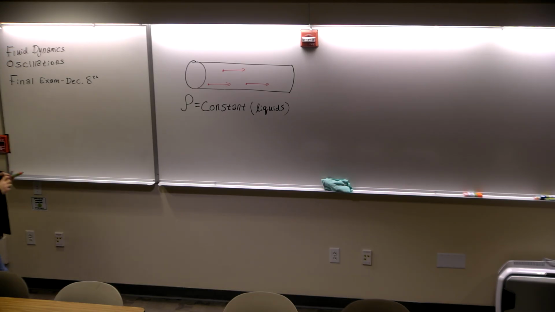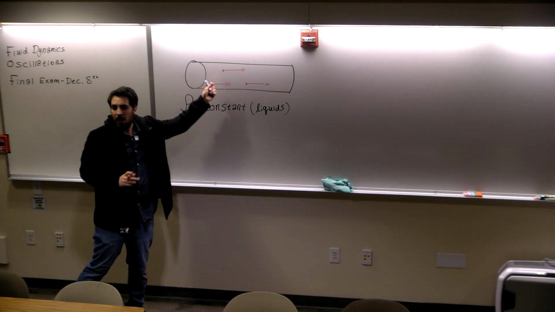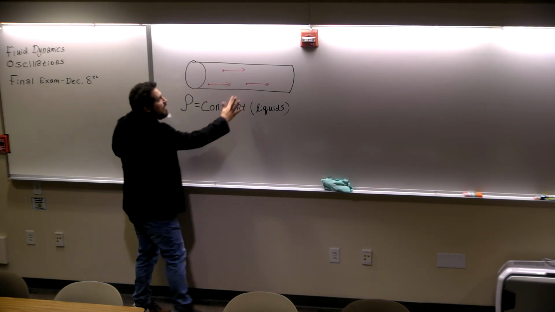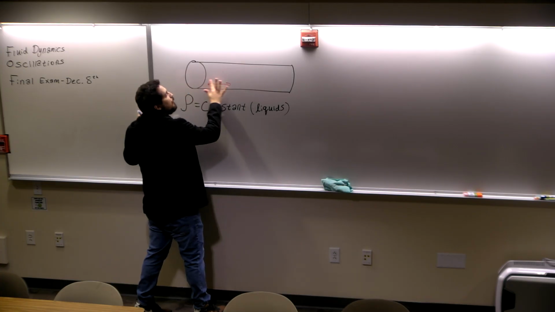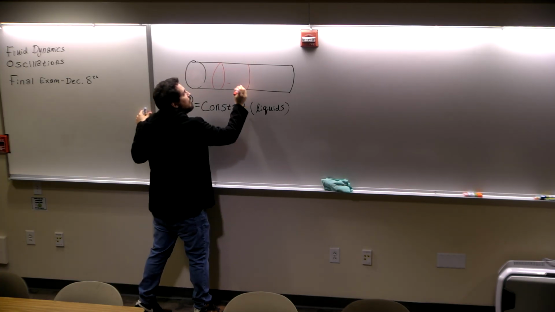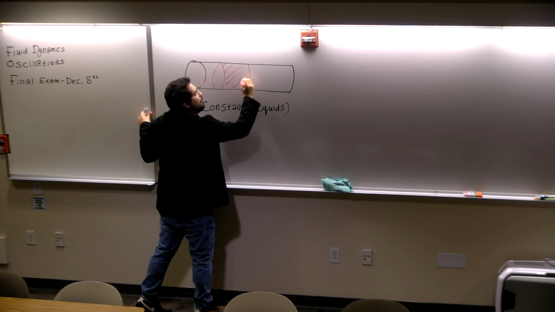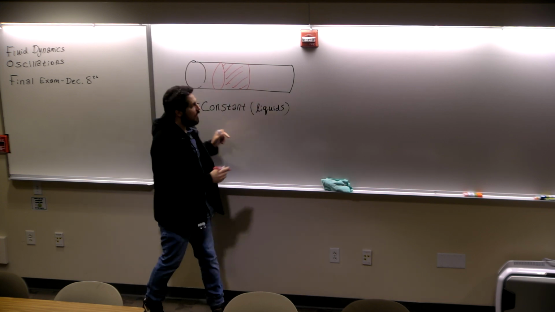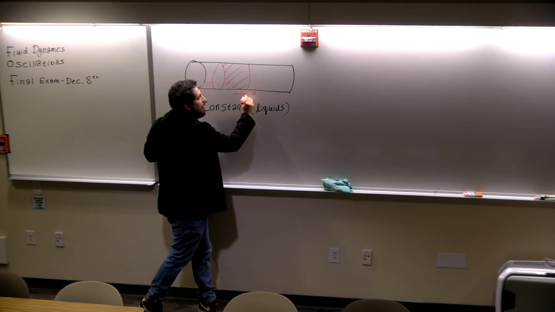So instead, what we're going to be doing is not looking at the individual molecules moving, but we're going to zoom out and look more macroscopically. I'm going to say there's some section of fluid that we can map out, and this section of fluid will flow down the pipe over time with some velocity.